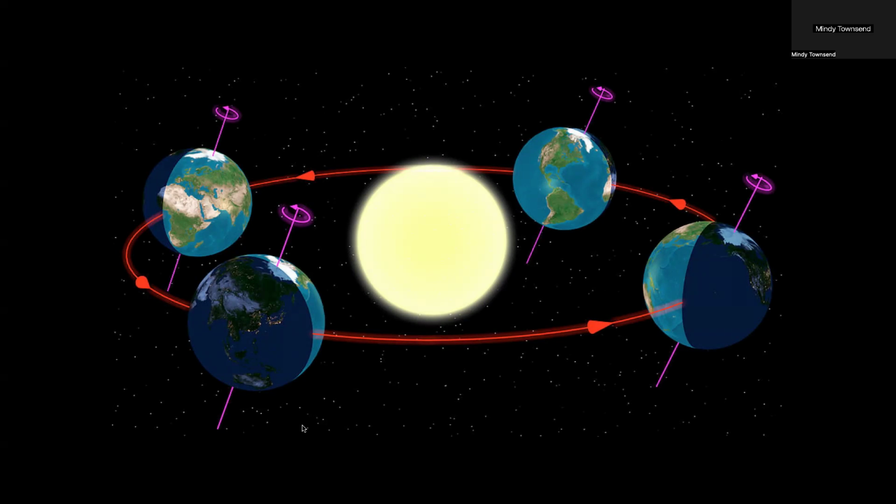Notice that at each location, the Earth is tilted in that same direction, right? I also want to draw your attention just briefly to this dividing line right here. Each of the planets has it. This is the dividing line between night and day. It's called the terminator. I don't know why, it just is.